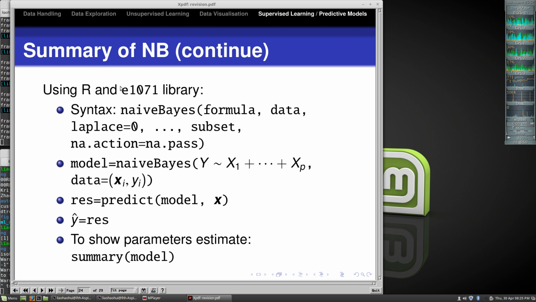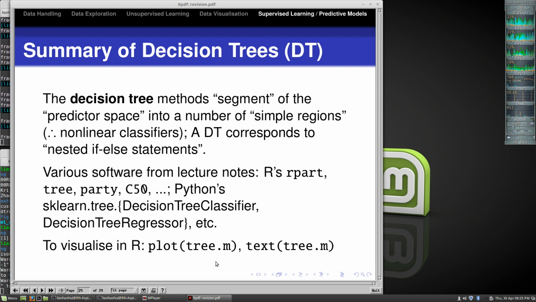Another library in R which supports naive Bayes is e1071. The syntax is just slightly different, but more or less the same thing. If you want to take a look at the parameters, we can use the summary to display.